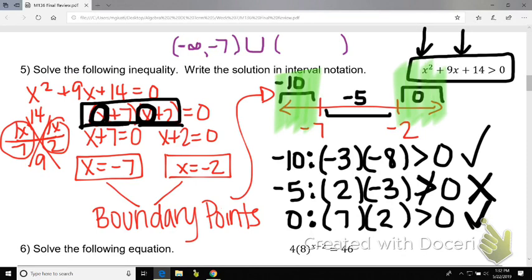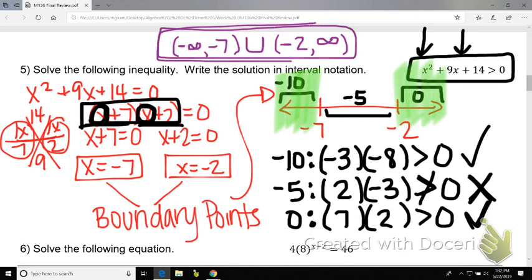It's the answers on the left and the answers on the right. If we want to say anything greater than negative 2, we're going to start at negative 2 and go to positive infinity. So that is the proper interval notation.